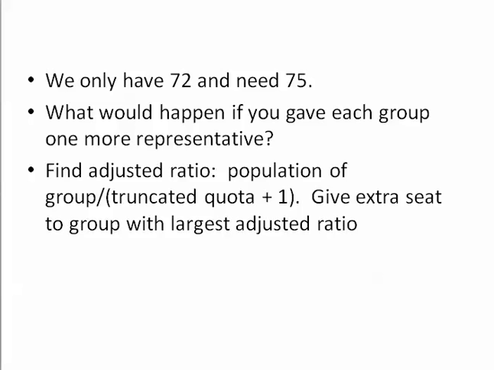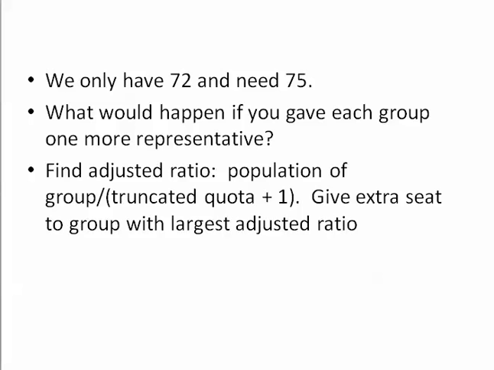However, if you remember back to the basic premise of this problem, we said that Rhode Island had 75 representatives in its House of Representatives. We've only assigned 72 seats. We need 75. So what we need to look at is, what would happen if I gave each of those groups one more representative? Would it still be fair?